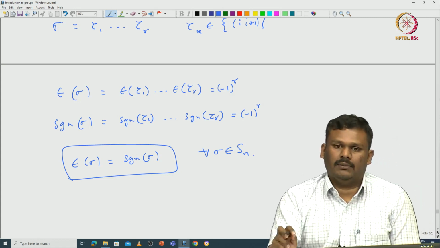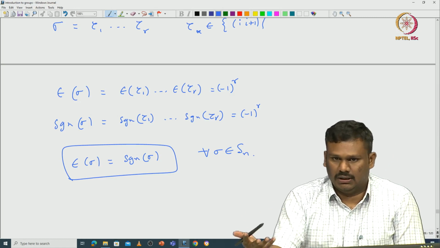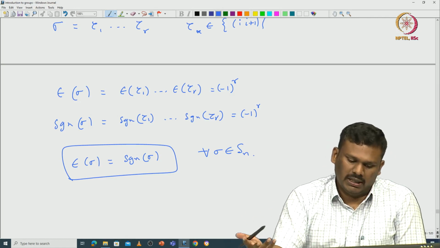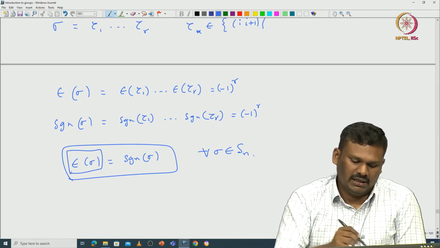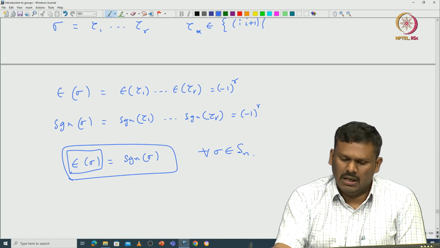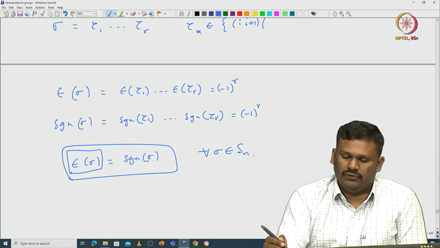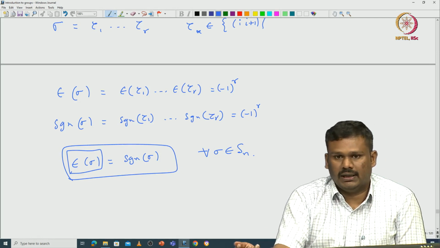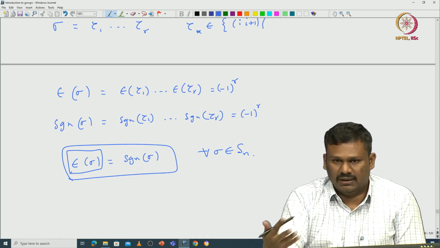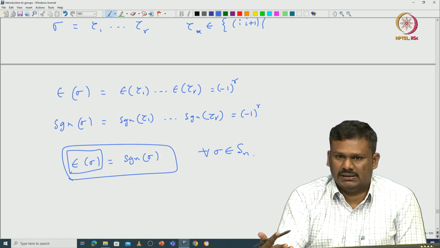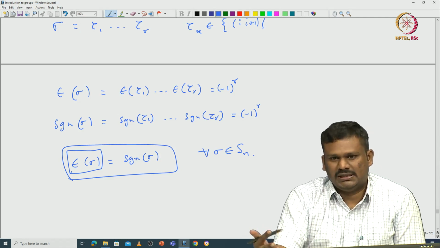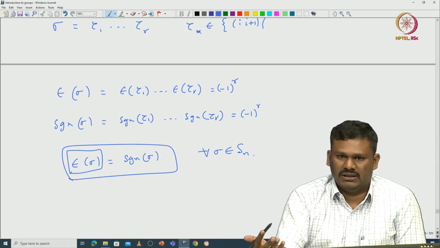So, one is given straight away by the determinant of this permutation matrix. Another one is implicitly given by this delta. Again in the literature, if you see some other books, they use some other way of defining this sign map, again implicitly using the properties of determinant.